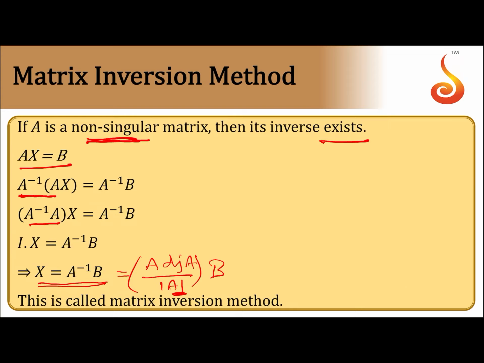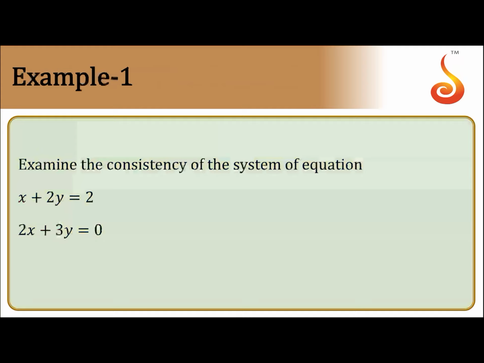This is called the matrix inversion method. So when the system is consistent and A is non-singular, we find the solution for the system by the matrix inversion method like this. Now we shall proceed with examples on this one by one.